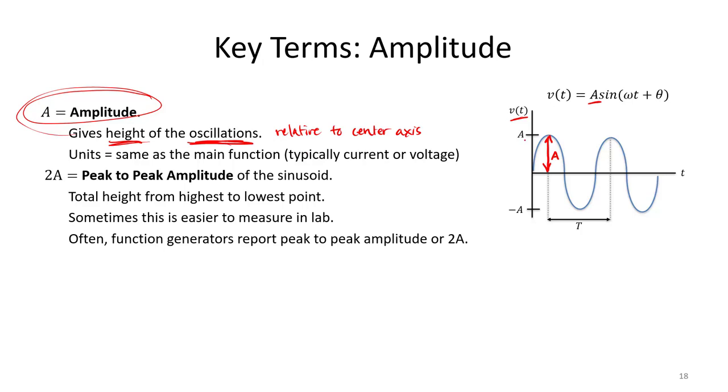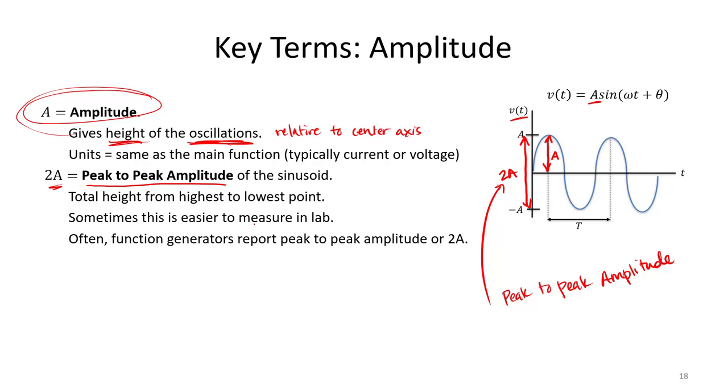Please be careful not to confuse amplitude with what's called peak-to-peak amplitude. Often on our electronics equipment, like on our function generators, we actually measure 2A, or peak-to-peak amplitude, when we are creating these sinusoids.